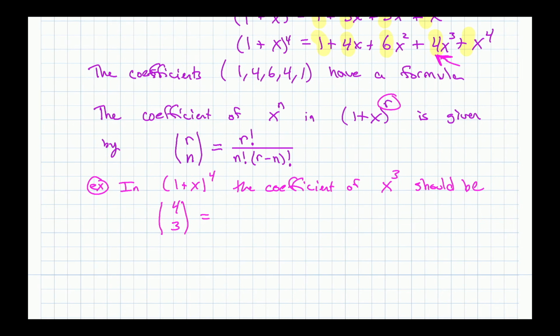If you write out what that is, that's 4 factorial on top. On bottom, it should be n factorial, which is 3 factorial, and then r minus n factorial, so 4 minus 3 factorial. If you work out those numbers, on top 1, 2, 3, 4. On bottom, 1, 2, 3, because of the 3 factorial. And then 4 minus 3 is 1, so there's a 1 factorial, which is 1.